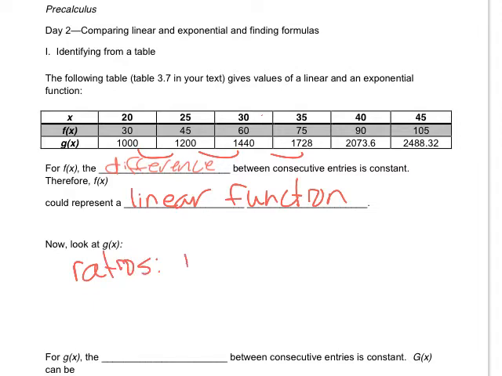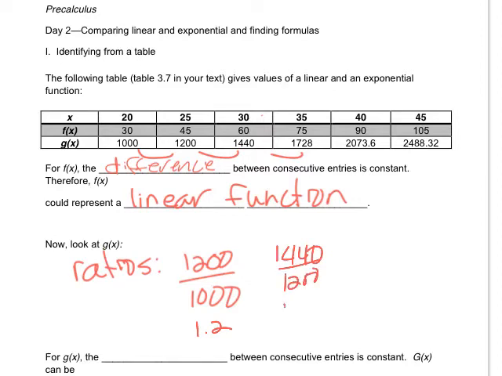If I take the 1200 and divide it by the 1000, so I take a term and divide it by the preceding term, that's going to give me 1.2. Well, if I take another group, if I take the 1440 and I divide by the 1200, guess what? I also get 1.2. So there's a pattern to this as well. It doesn't matter which pair you choose, the ratio between these two are always going to be the same.